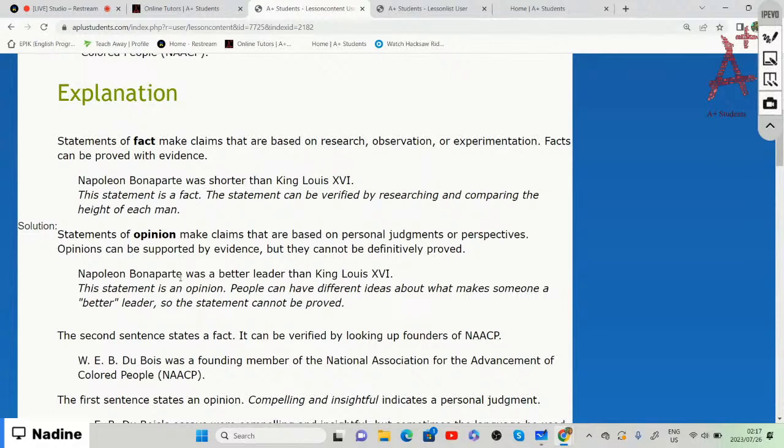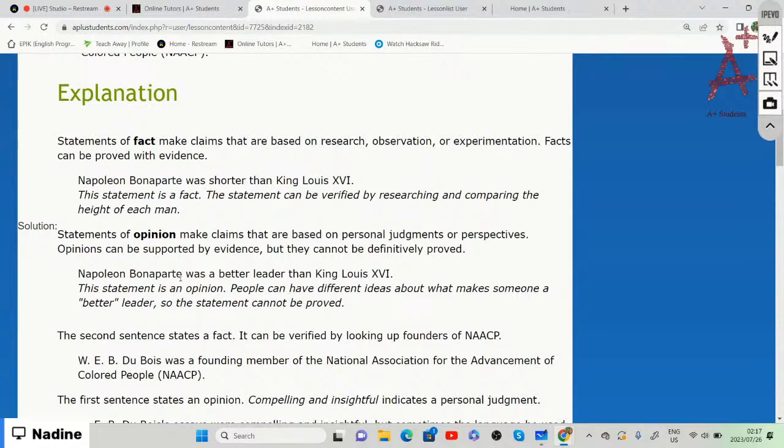And we said that statements of opinion do make claims that are based on personal judgment or on personal perspectives. This is what I think, right? This is my perspective on things. It is your perspective on things. This is not facts, right?